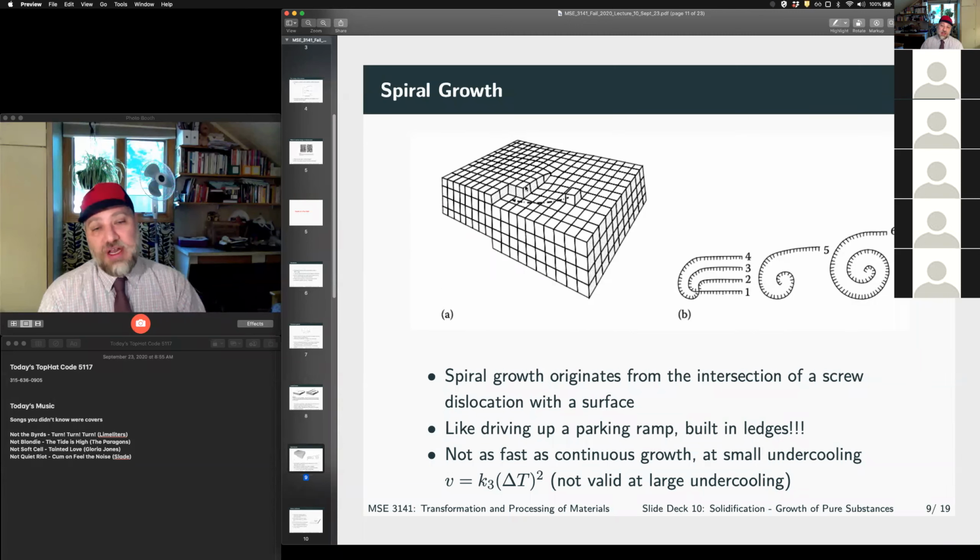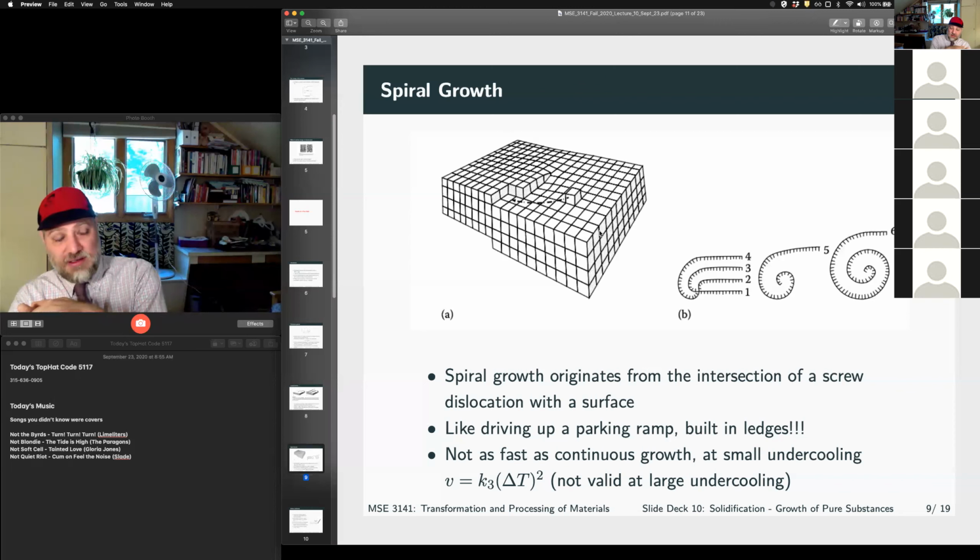You can imagine if you're growing something on a substrate, so you have a silicon wafer, and I'm growing some other semiconductor, let's say like a III-V type semiconductor on a silicon wafer. The mismatch, say, between silicon and germanium, they're not the same atomic radius. So there is a mismatch in size or an elastic strain.